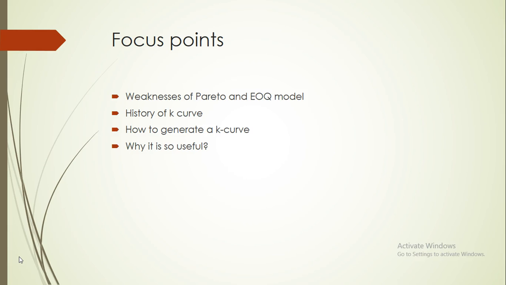Now let us start with the weaknesses of Pareto and EOQ, because in today's world every operations manager is facing a big question: how to determine the optimum inventory level.